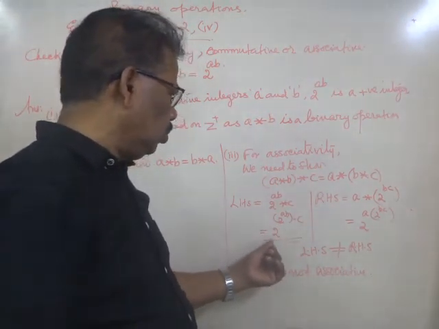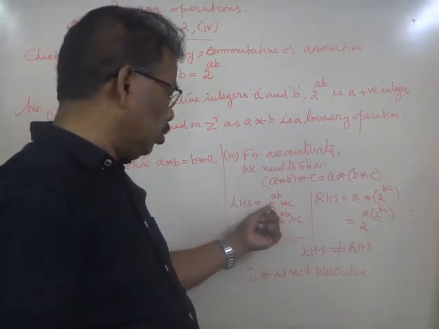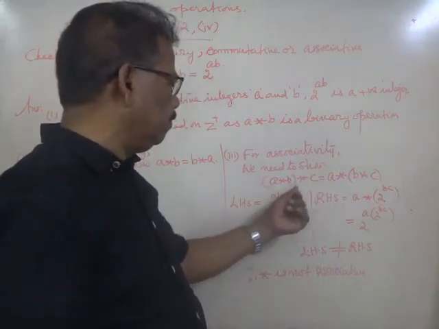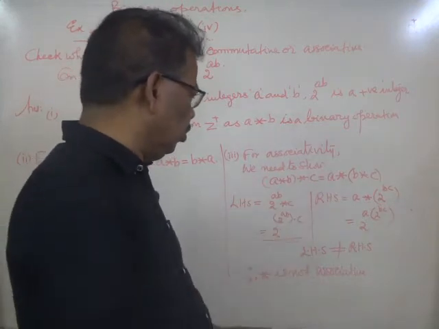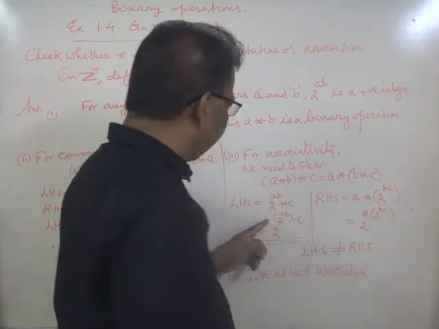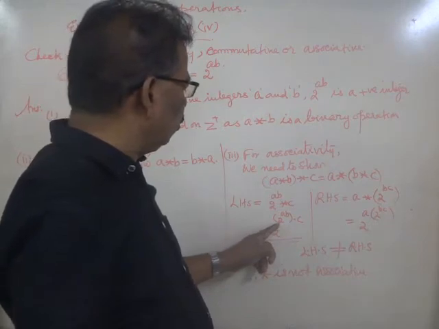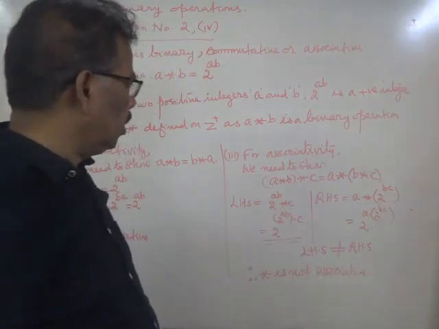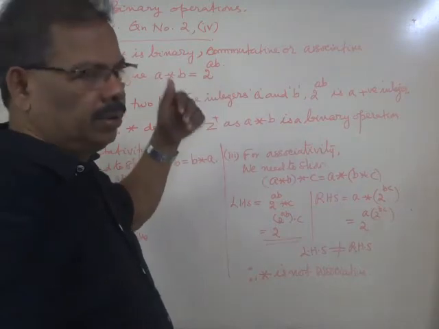LHS equals 2 raised to ab star c. The result will be 2 raised to ab into c, as defined in the given definition of star.